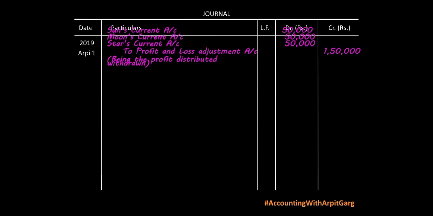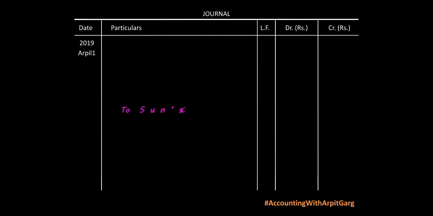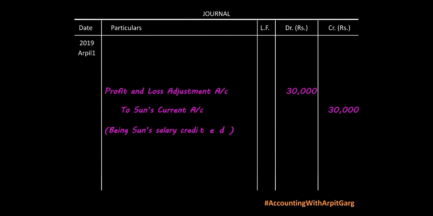Then Sun was to get salary, so to Sun's current account rupees 30,000, we will give him salary. As this is of the previous year, we will not write salary or anything now, we will just give him directly. So to Sun's current account 30,000, we will credit Sun's account. And on the debit side, yes, profit and loss adjustment account. Narration: being Sun's salary credited.